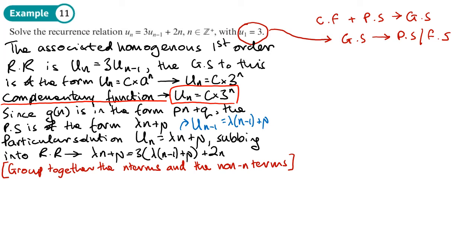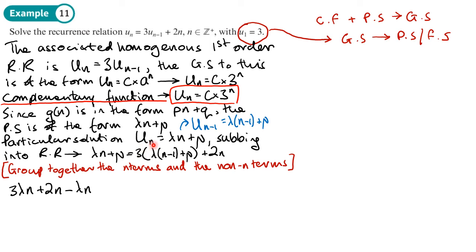So let's group together the n terms. It just means multiplying out the brackets here. I will have 3 lambda n, that's an n term. Then I will also have 2n from multiplying out that bracket. And there's another n term over here, so if I bring that over, that'll be minus lambda n. Right, now let's group together the non-n terms.